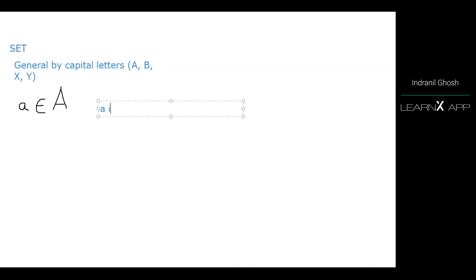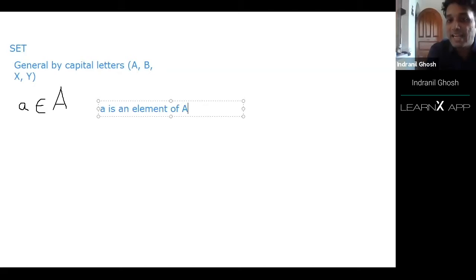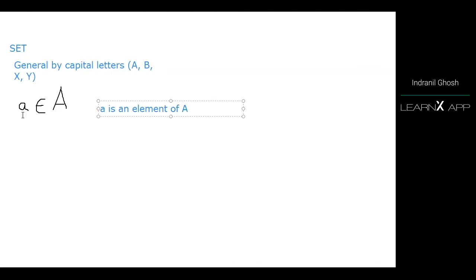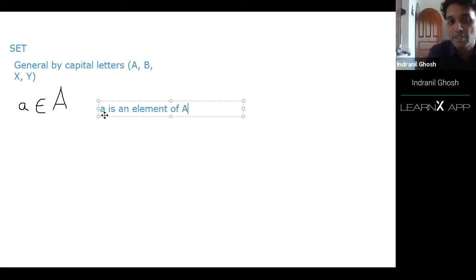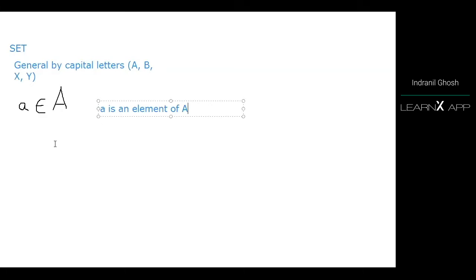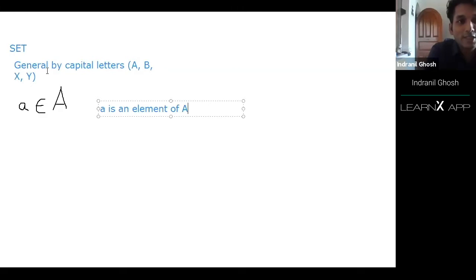Small a is an element of the set A. If we write small a belongs to capital A, it means small a is an element of set A. Yes, sir. So for example, let us consider one set.